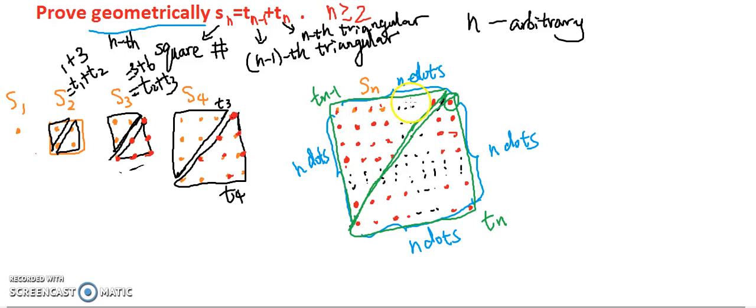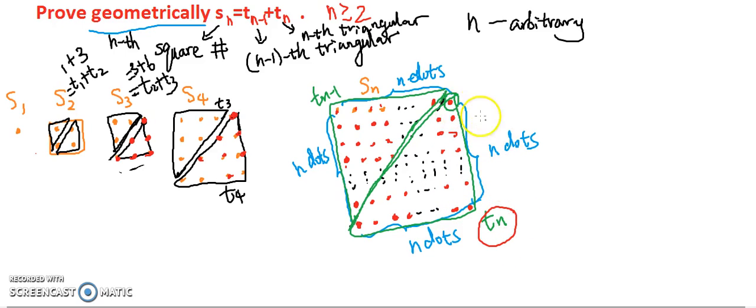Because we have the bottom row with n-1 dots, and top row has 1, in an increasing order from 1 to n-1. And look at the bottom triangle, it's kind of the same way. The top has 1 dot, second row 2 dots, third row 3 dots, and when you go all the way down, the bottom row did not miss any dots. So we have exactly n dots, and you know that's T_n.